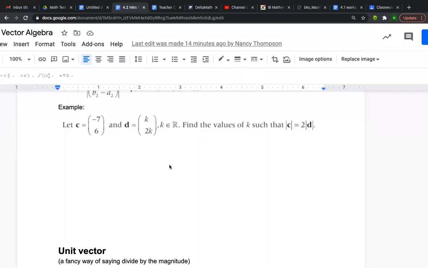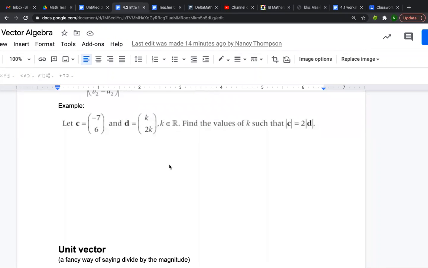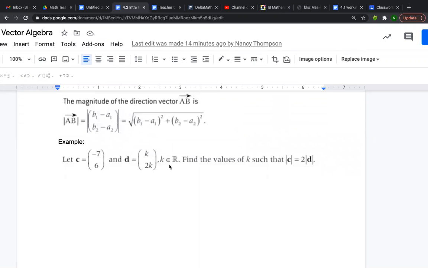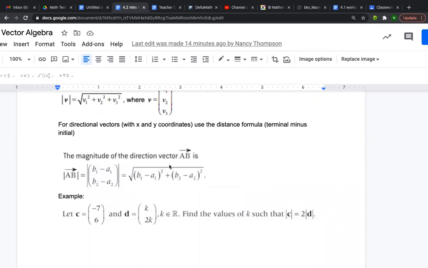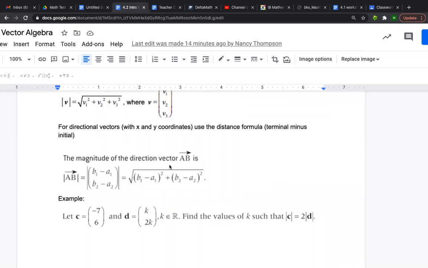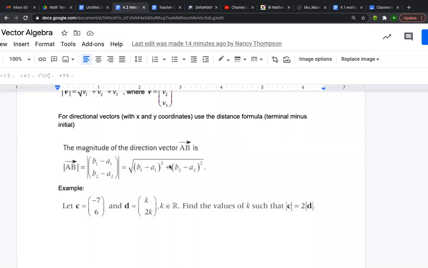So let's take a look at this 2-dimensional example. I need to make it so that the magnitude of C is equal to 2 times the magnitude of D. So I'm going to plug that in.